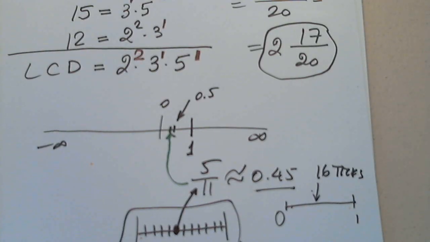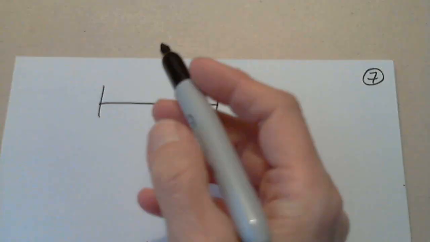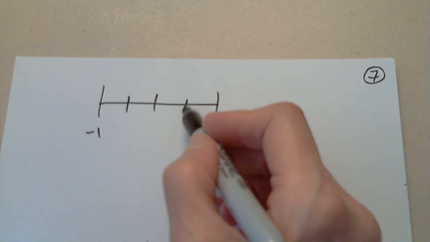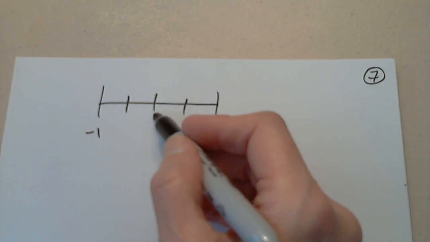Okay, the same thing. This is a little bit easier because we are only divided by 4: 1/4, 1/4, 1/4. But it's a negative number, so you have to be careful with this. Again, you have from 0 to -1, and you divvy it up into 4 pieces: -1/4, -2/4, -3/4.